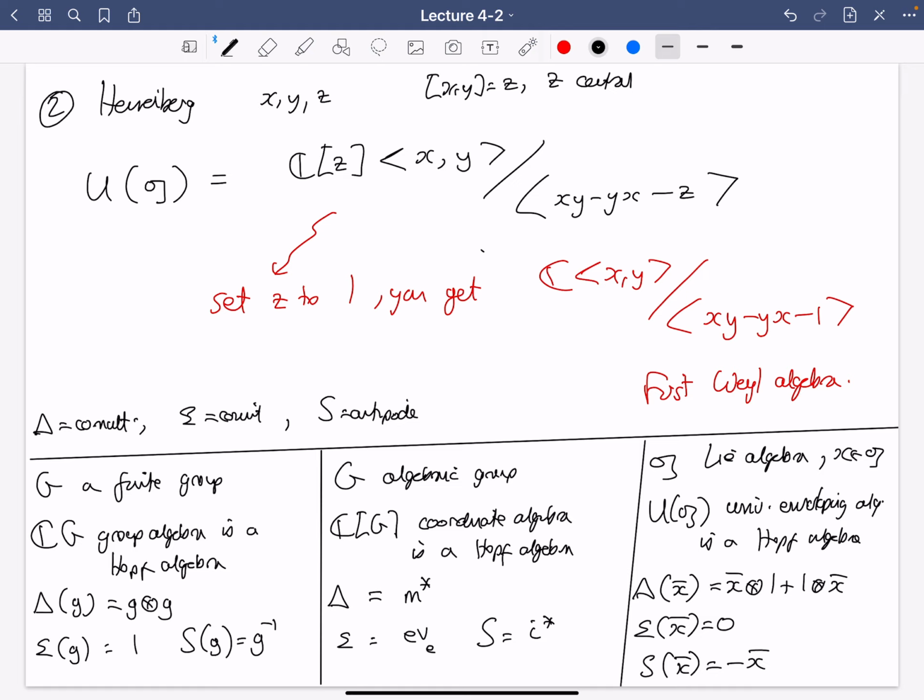So these uniquely determine algebra homomorphisms. Actually, S is an algebra anti-homomorphism, but delta and epsilon are algebra homomorphisms defined by these formulas.